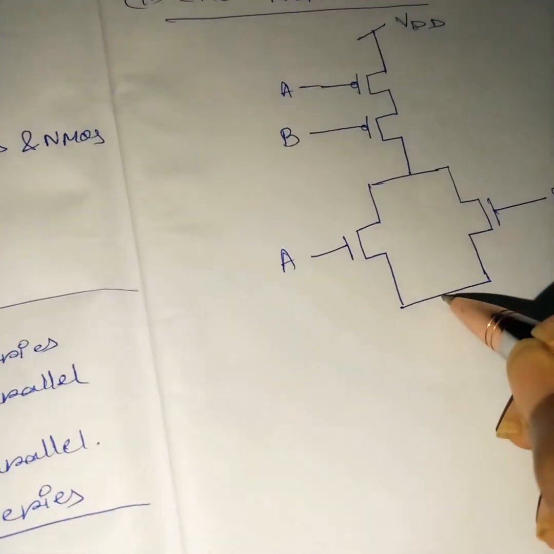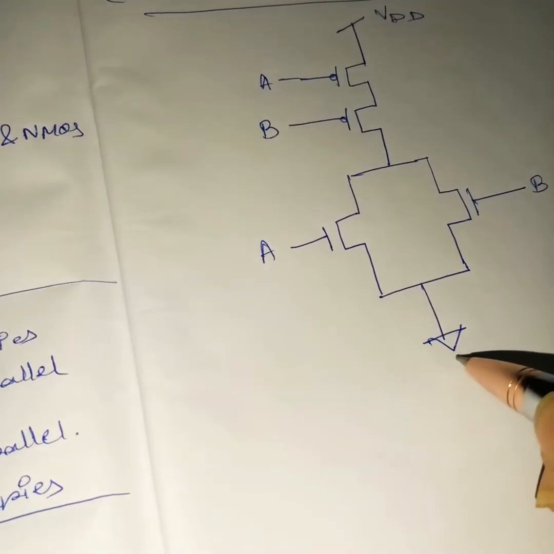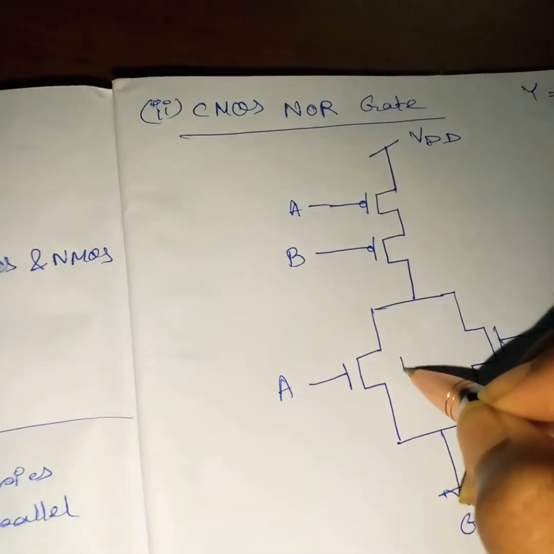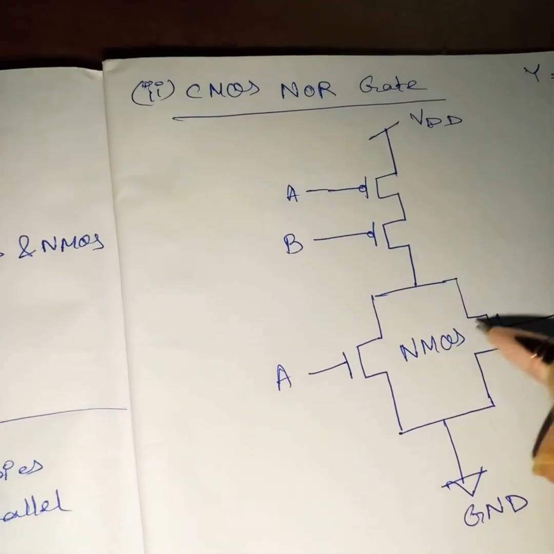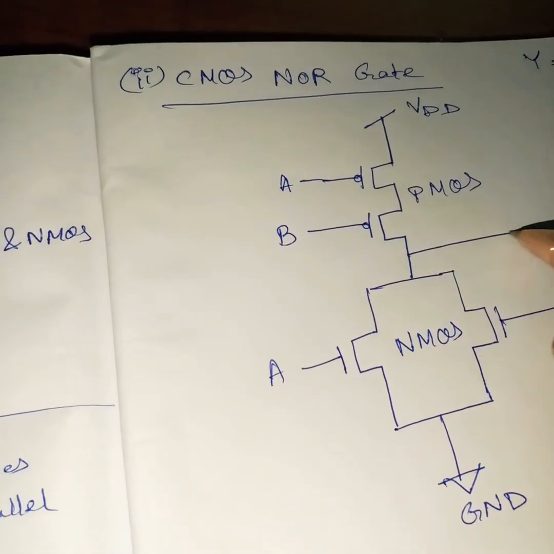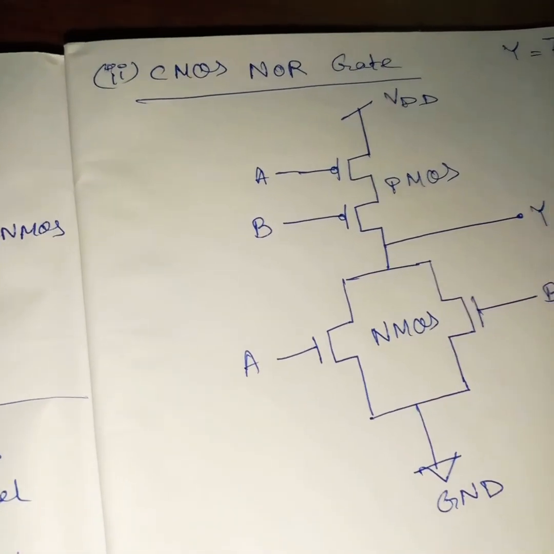See? So one input is A and the input is B and it is connected to ground. So this is NMOS, this is PMOS and output should come out from here as Y.